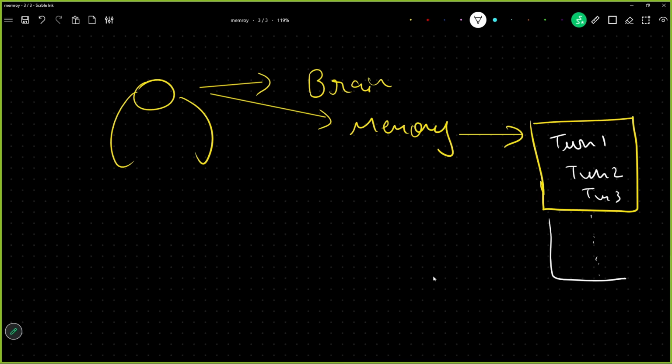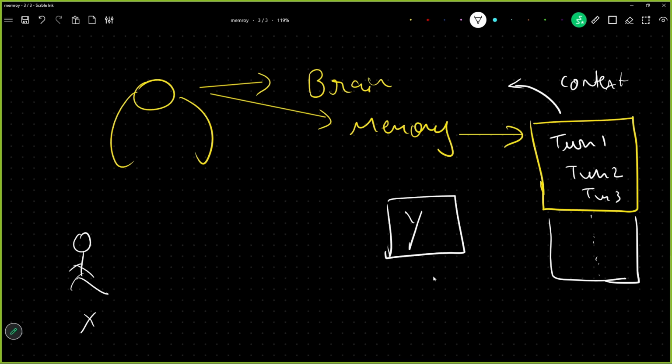It is maintaining a lot of turns. Now this turn is a context for the brain. All right, if this is you, and you are at a location X and you want to reach a location Y, this is where you live. Now in your journey there are multiple turns.